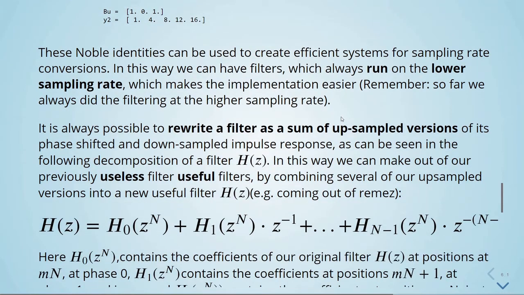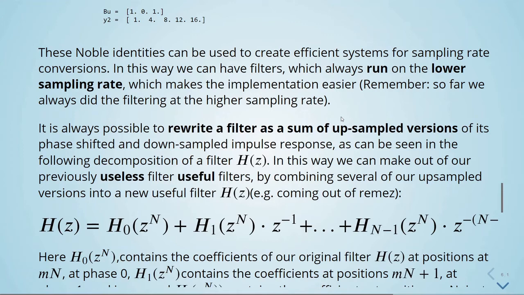Now let's remember that so far we've just done the filtering at the higher sampling rate. So it's also possible to rewrite a filter as a sum of upsampled versions of its phase shifted and downsampled impulse response, as can be seen in the following decomposition of a filter H of z.